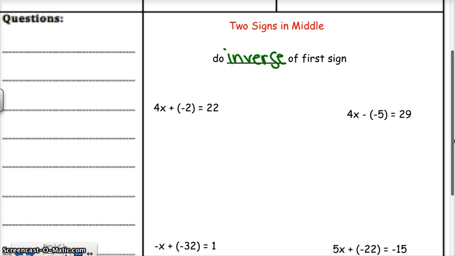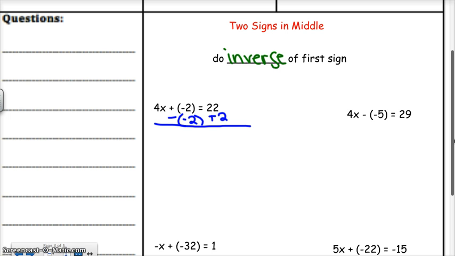Okay, so 4x plus a negative 2 equals 22. I have two signs in the middle. The first sign is this plus. What's the inverse of plus? So I'm going to minus, but I'm not just minusing 2. I'm minusing a negative 2. What happens when you minus a negative? Add. So it actually turns into plus 2 on the other side.